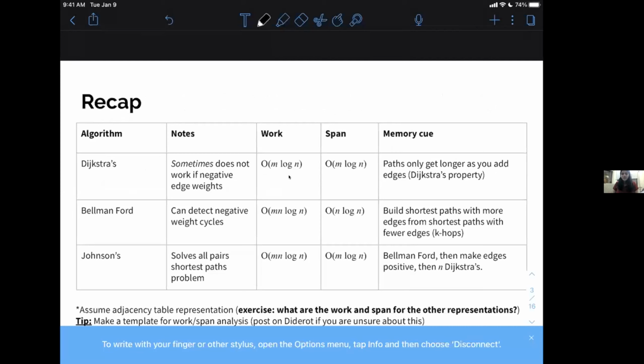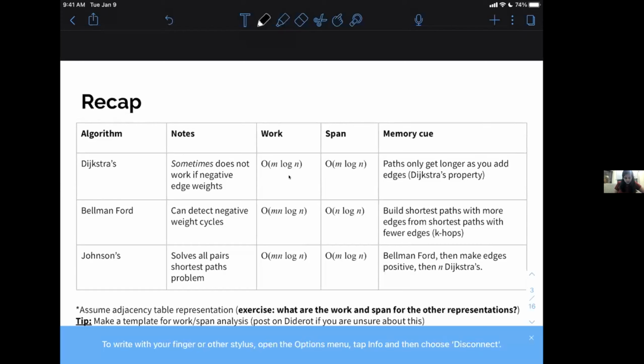So the first time you pop a path to a vertex off the priority queue, that is the shortest path, because adding more edges isn't going to make your path less costly. And this is why negative edge weights don't work.